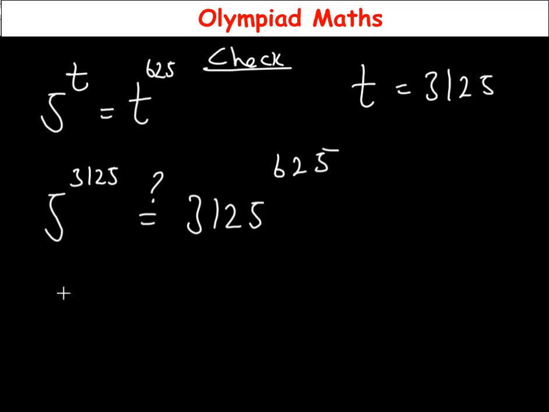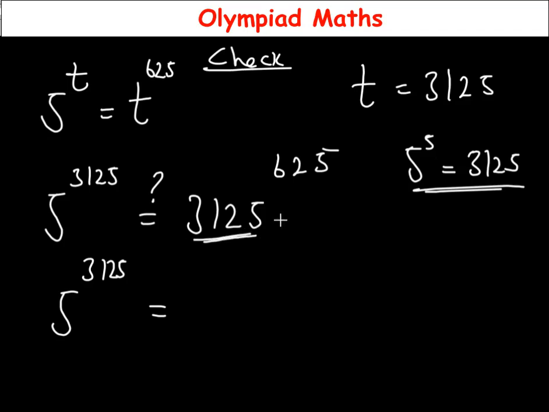Now from here, 5 raised to power 3125 is equal to, don't forget that 5 raised to power 5 is equal to 3125. So in place of this, you can bring in 5 raised to power 5. So in brackets, 5 raised to power 5, then power of 625. So with this, equal, question mark.